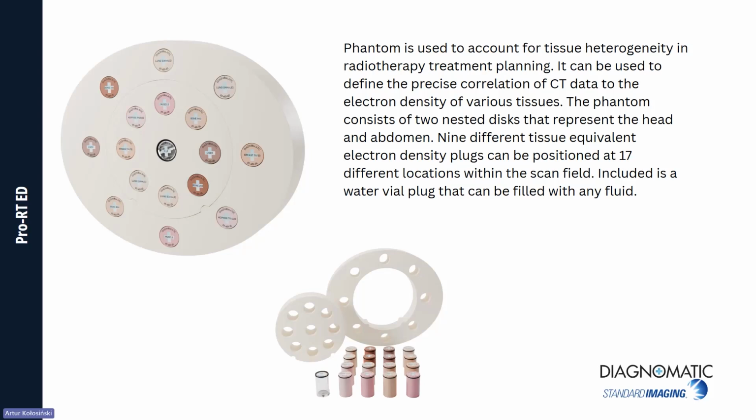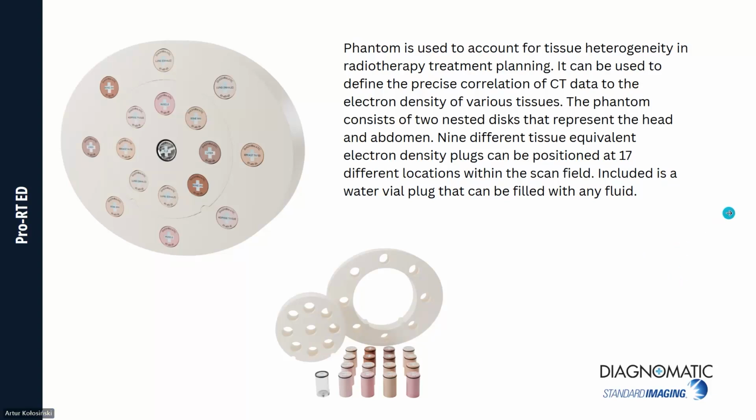The phantom consists of two nested discs that represent the head and abdomen. Nine different tissue equivalents with different electron density plugs can be positioned in 17 different locations within the scan field. Also included is a water vial plug that can be filled with any fluid.